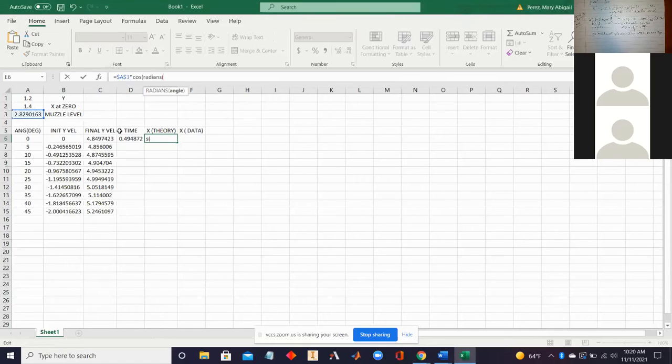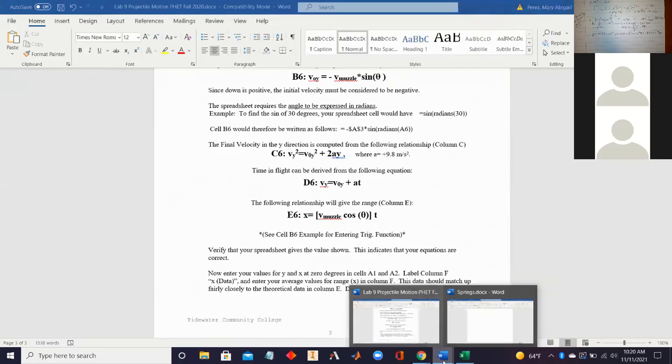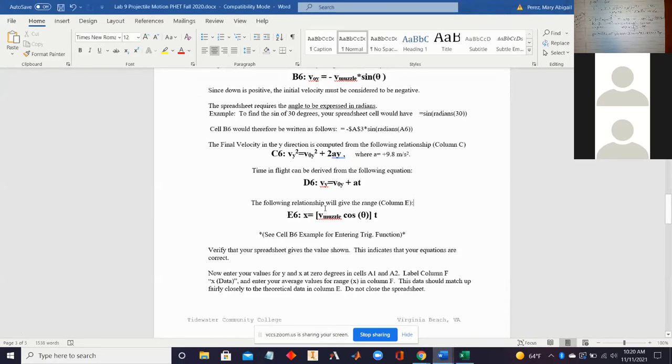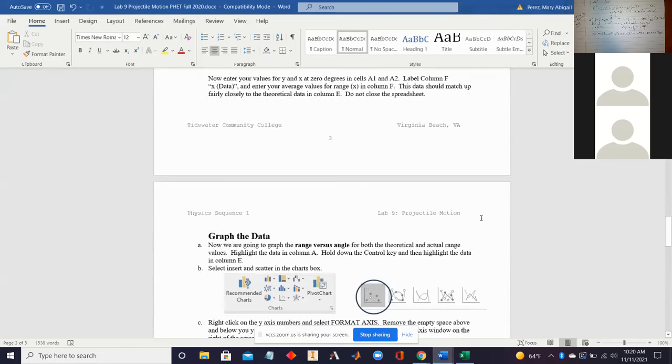What are we using as the theta? Oh, B6, yeah. And times T, times D6. Times T. Yep, that'll do it. Yep. Now that table should match once you copy it down.